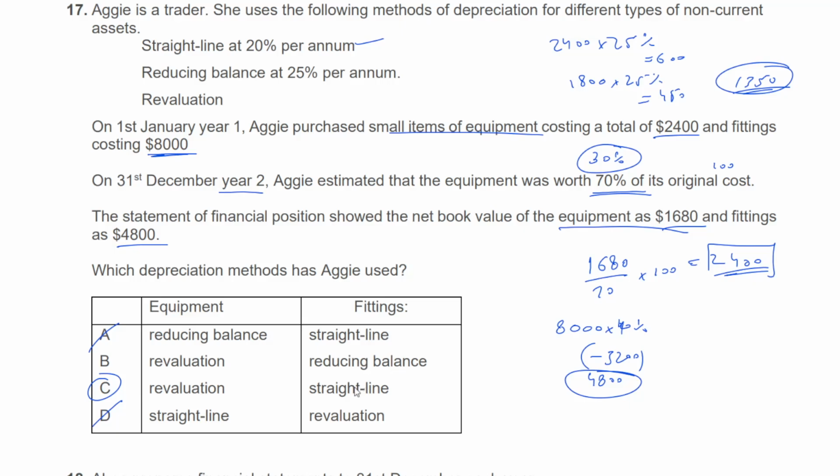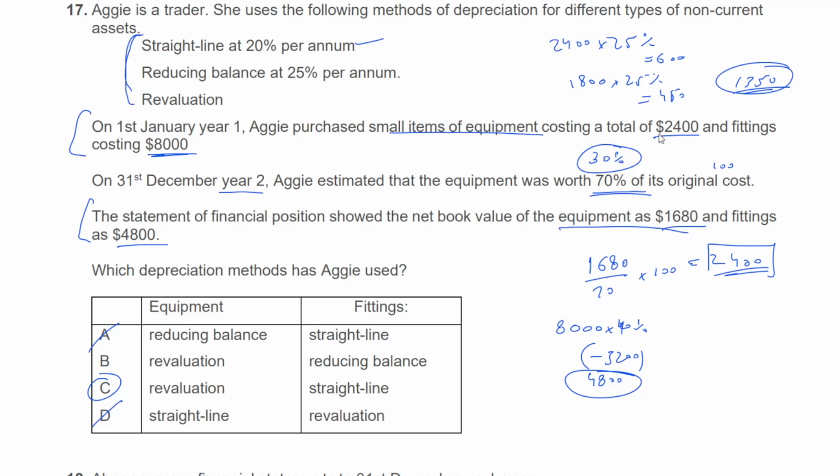Does that make sense to you? Please go through that again. It's actually not that hard. It seems a bit challenging in the beginning, but it's not, right? They have given us the original costs and the closing balances. What you can do is test these methods and see if they add up.